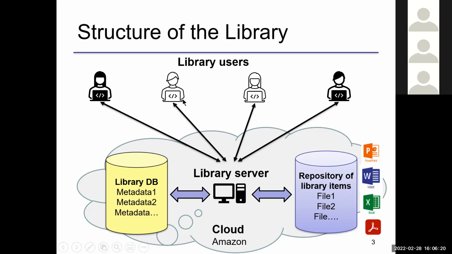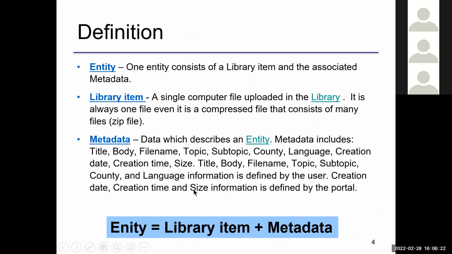So this is the structure of the library, and let me now first explain some definitions. We will use the term entity, which describes something that is in the library. One entity consists of a library item itself and associated metadata.